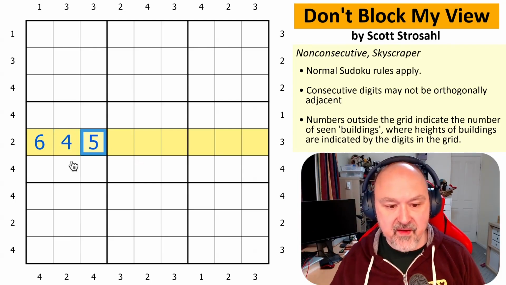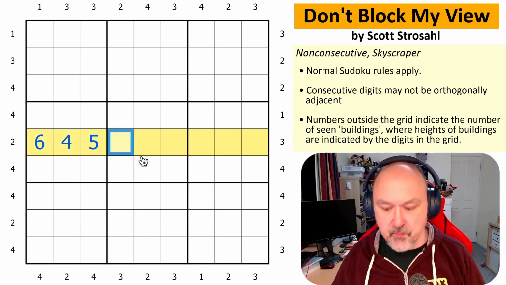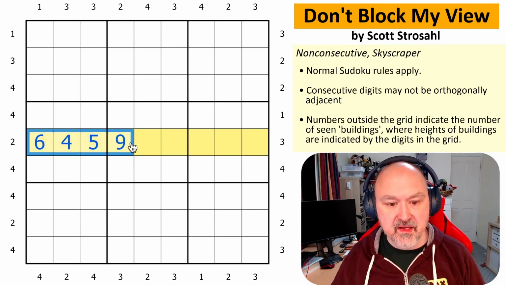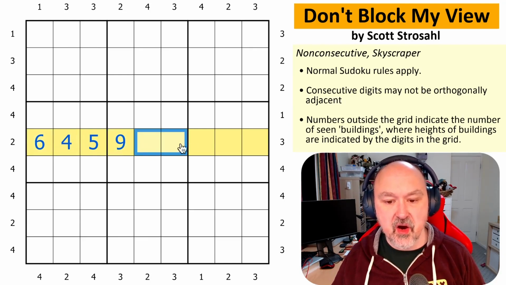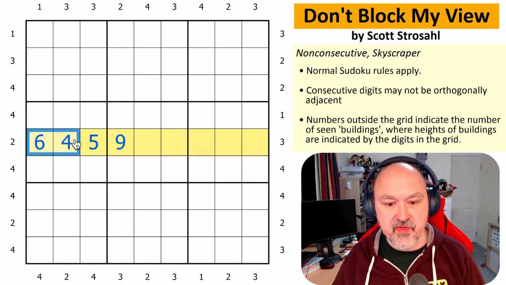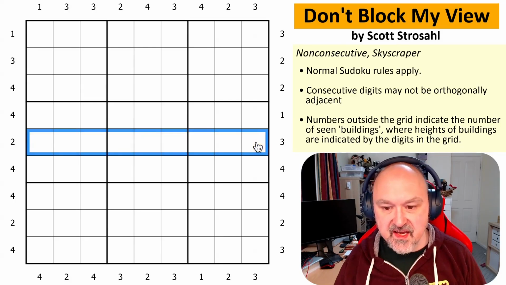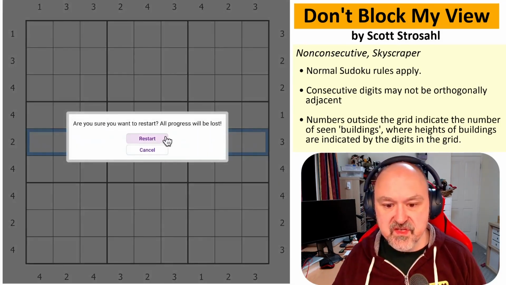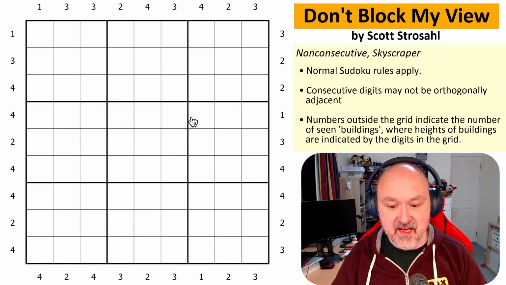And we could even put a 5 there and it wouldn't be visible because you couldn't see it beyond the 6. But once I put a 9 here, that would be a legal skyscraper clue, because what would happen then is I would see the 6, I would see the 9, but I couldn't see anything beyond it because the 9 is the tallest possible building and everything beyond that will be shorter than the 9. So that's how skyscraper works. It's a little bit tricky, so let's give this a shot.